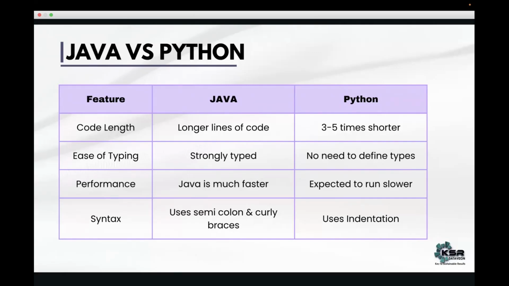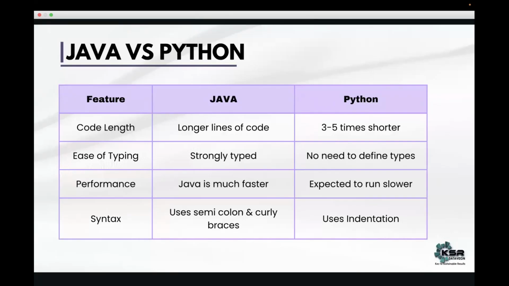But in Java, the number of lines is longer. But that makes Java code readable. Even Python code is readable, but sometimes it's difficult to understand because people do a single task in very, very short syntax. So it's very hard to understand. But Java code will be very easily readable. You don't have to think a lot to code in Java. But in Python, if you want to write shorter code, you might have to think.